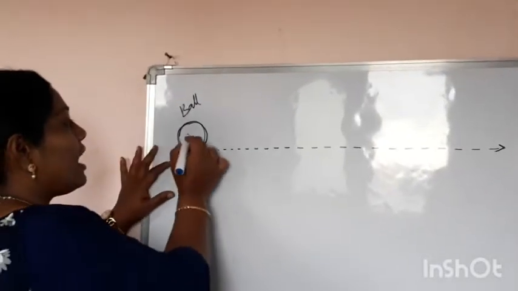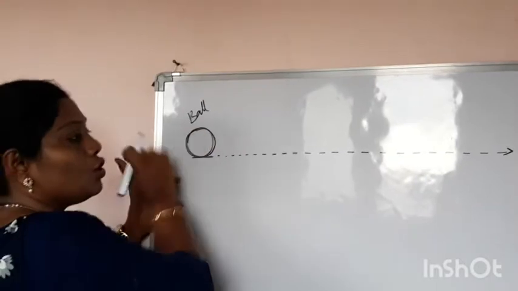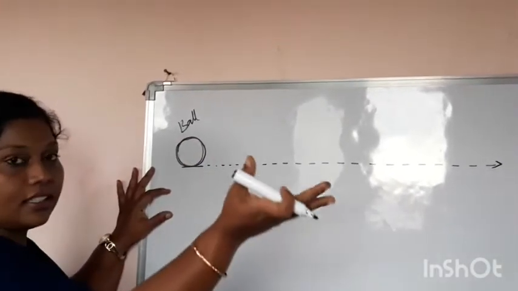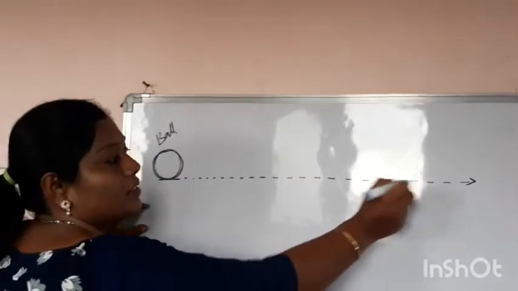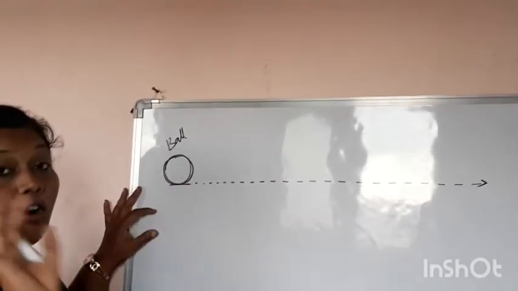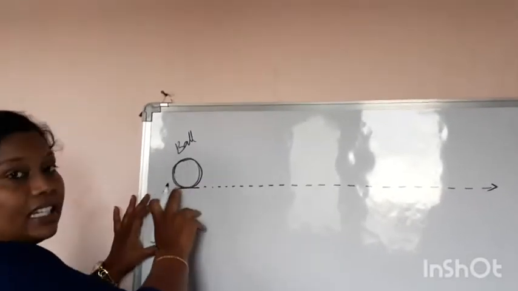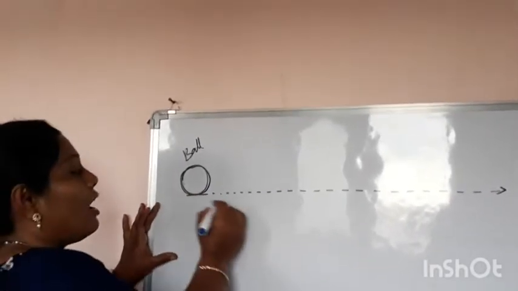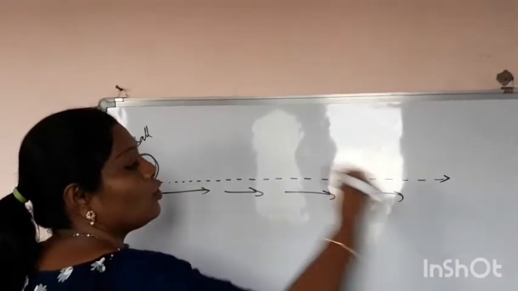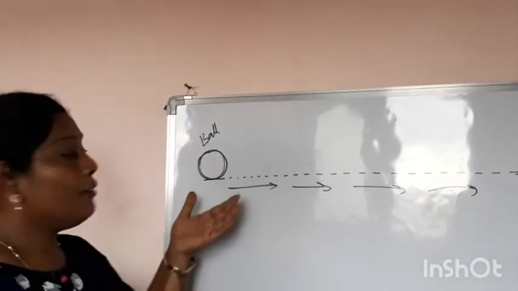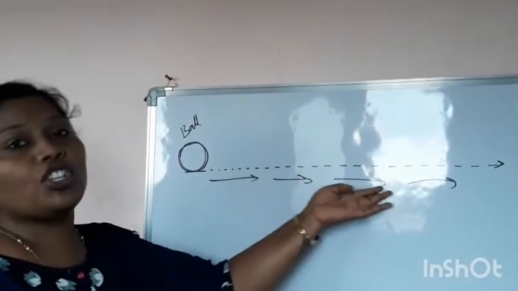Okay, children, I have taken a tennis ball. So I throw the ball like this. Yes. So imagine that the ball is moving in this path. So according to translatory motion, here if you observe, all the particles which are present here are moving in a particular motion.